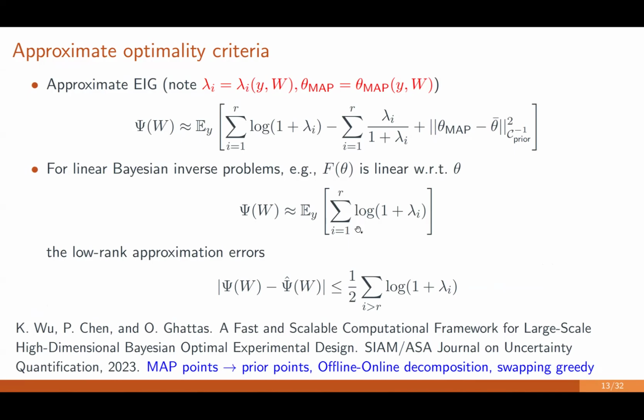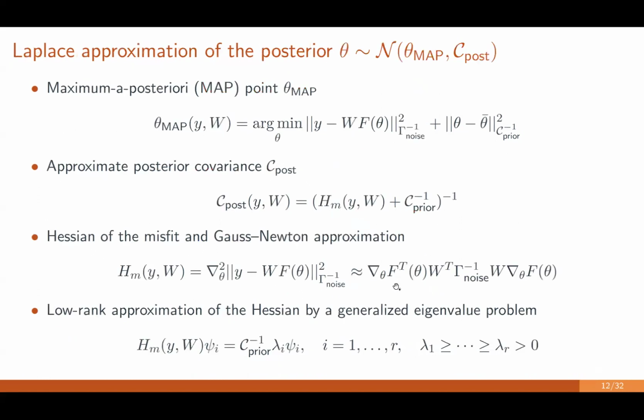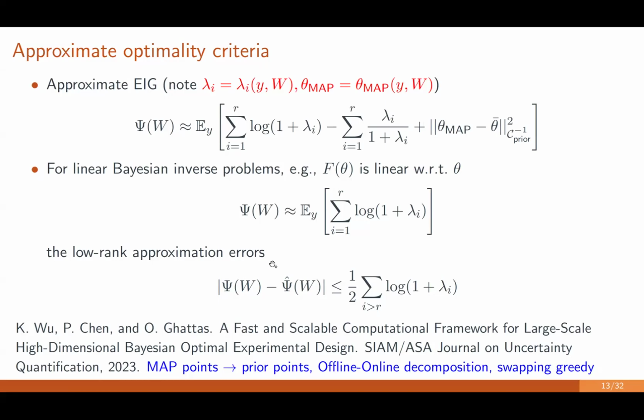So you get a sum of the log of the certain optimality, which is D-optimality, and you can compute it by the corresponding eigenvalues lambda_i. And for the linear inverse problem with the low rank approximation, by the way, the Gauss-Newton Hessian is exactly the same as the Hessian because the map is linear. Then the low rank approximation of this EIG is upper bounded by the sum of the log of the eigenvalues.